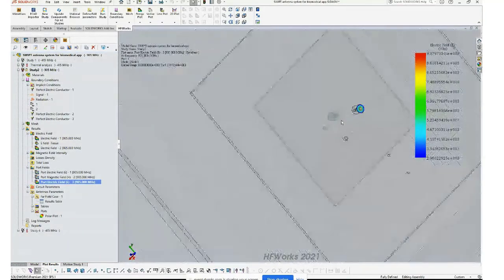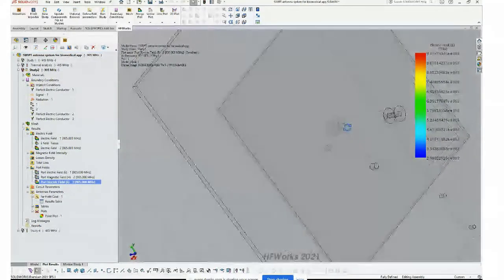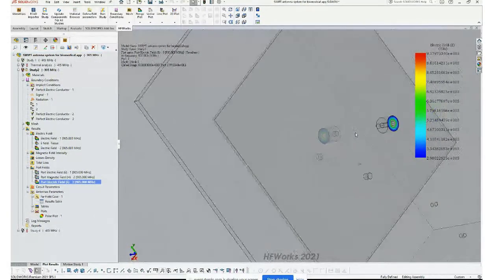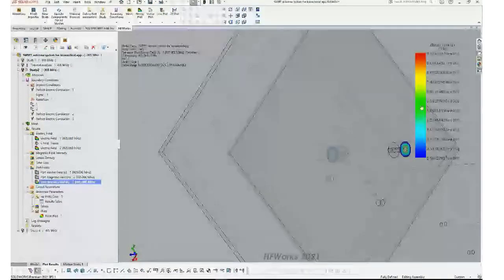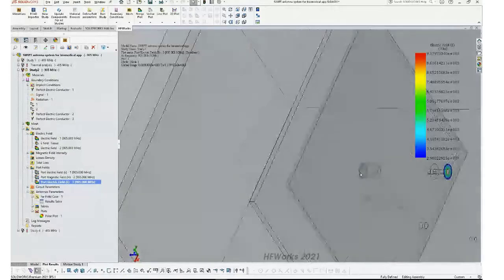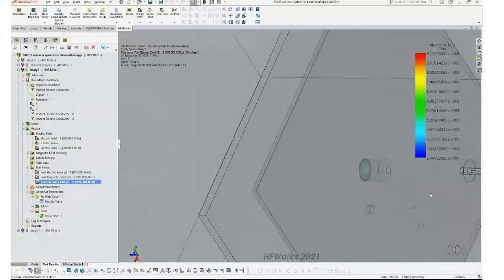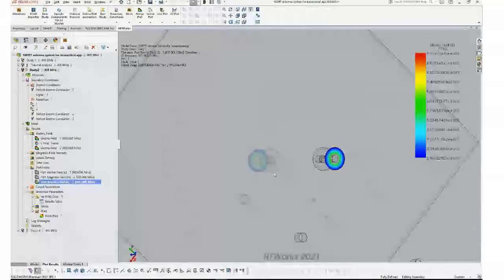So yeah, it's feasible. I've never done it before, so thank you for the question. In this case, there are two TEM modes, two coaxial, so the distribution is nice and symmetric and easy. You can see that this is one port, and this is the other one. If you turn it, you can see the two ports.